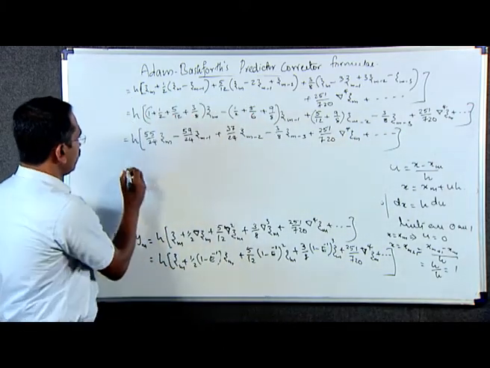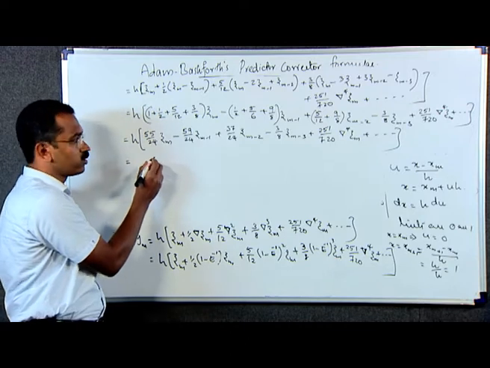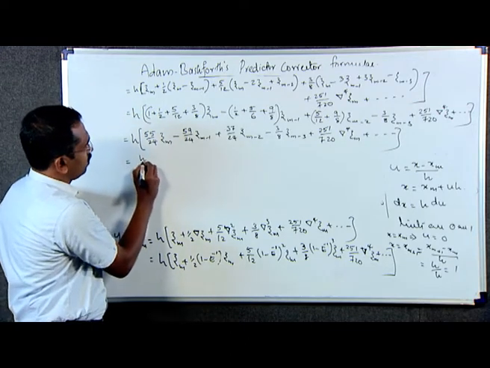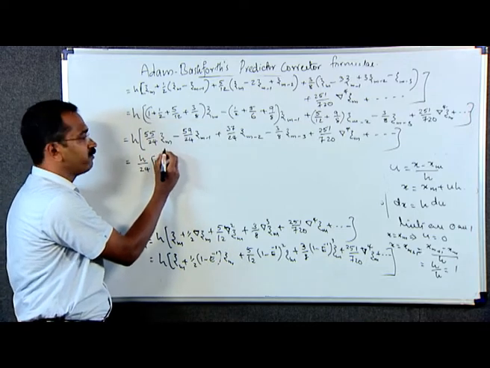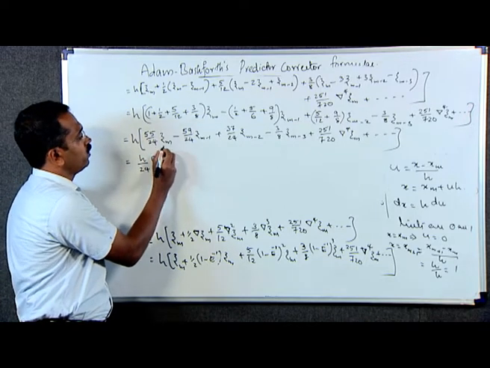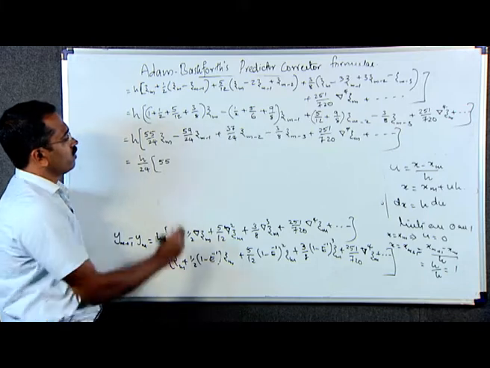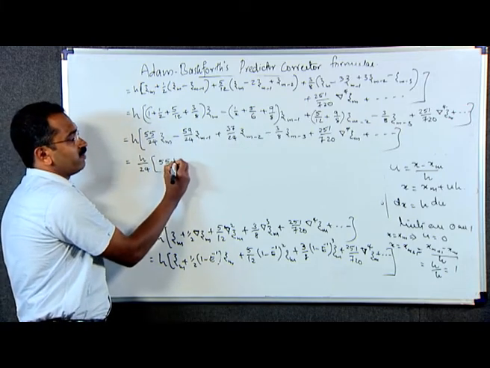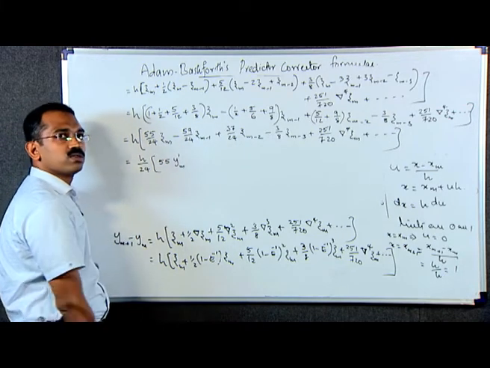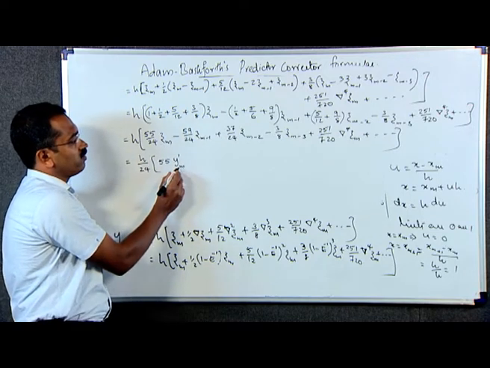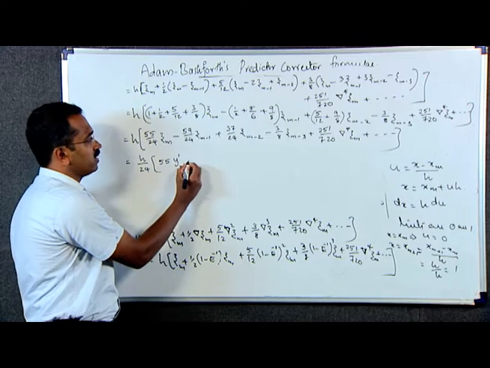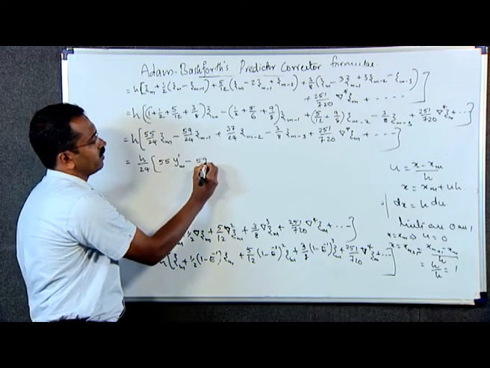Which is equal to h divided by 24 into 55 into Z_m. We can write Z_m as y_m dash, we used the notation Z_m for y_m dash, minus 59.